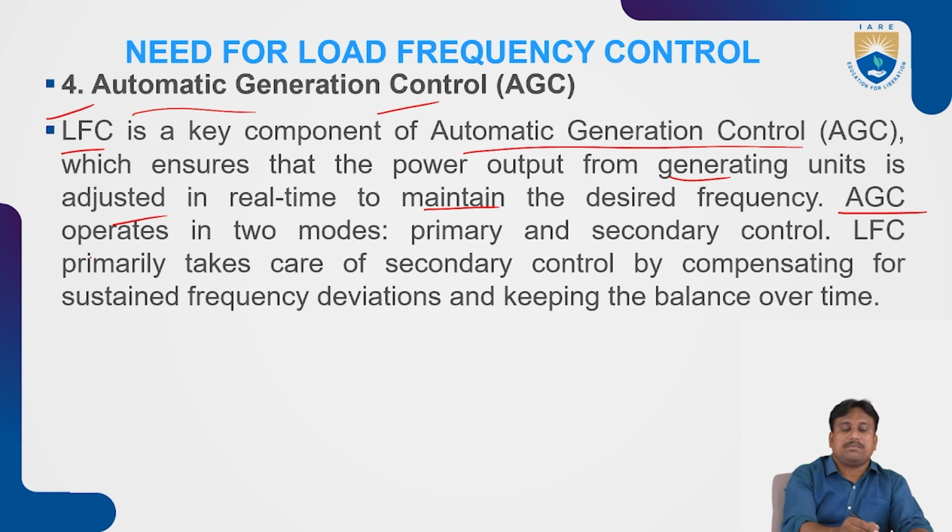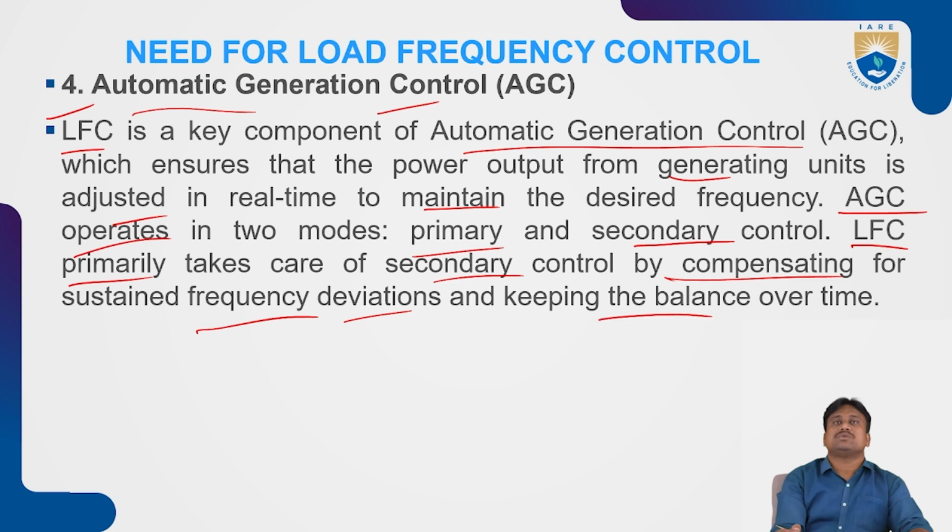AGC basically operates in two modes, primary and secondary control. Load frequency control primarily takes care of secondary control, by compensating for sustained frequency deviations and keeping the balance over time.